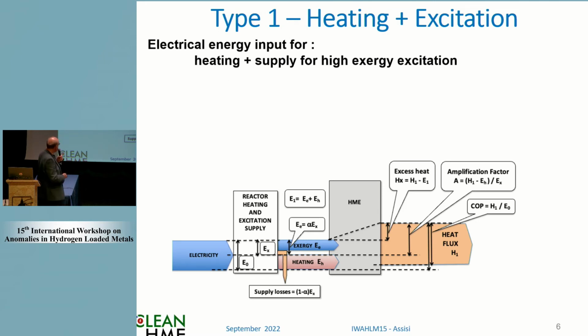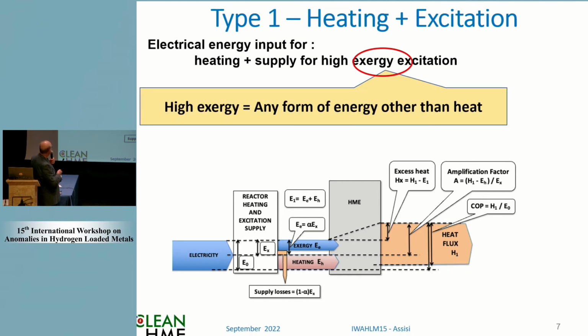So let's look at this type 1 system. You need to heat the machine and make some excitation with some heat, of course, and exergy excitation. What is exergy for me? This is any form of energy other than heat. So it can be electrical discharge, DC current, hydrogen pumping, magnets rotating around, anything you imagine except simple heating.